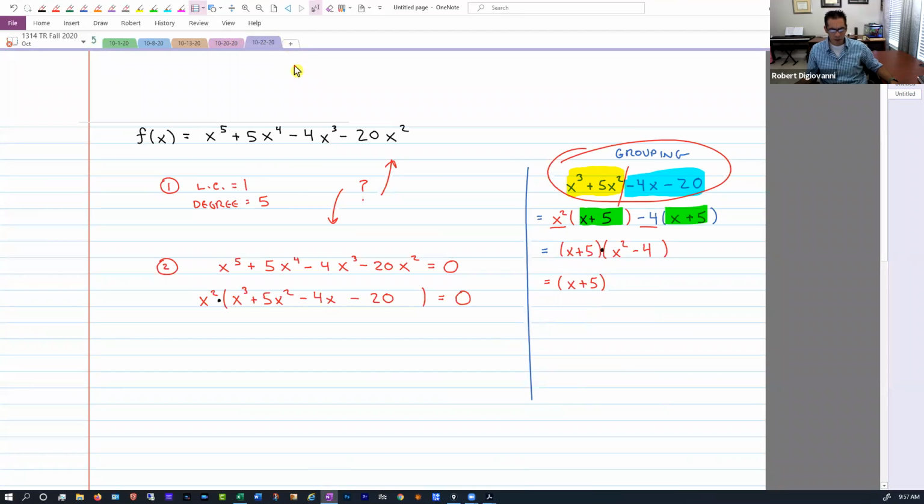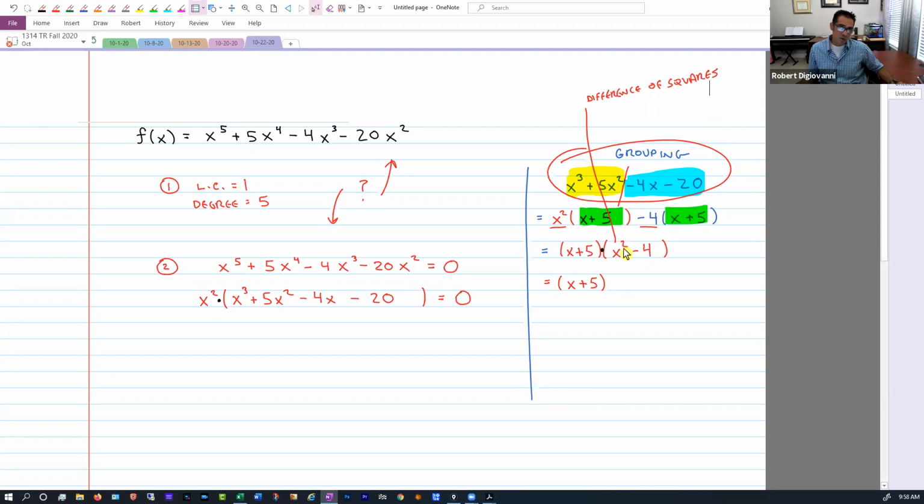This is a special factoring product. This is called a difference of squares. So what we have is something squared minus something squared.